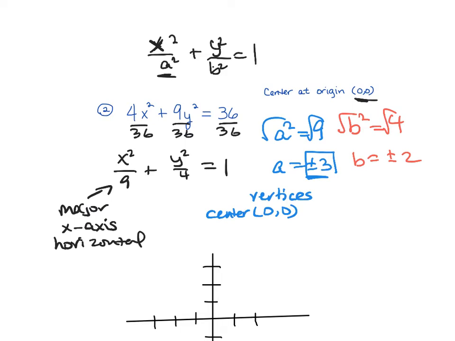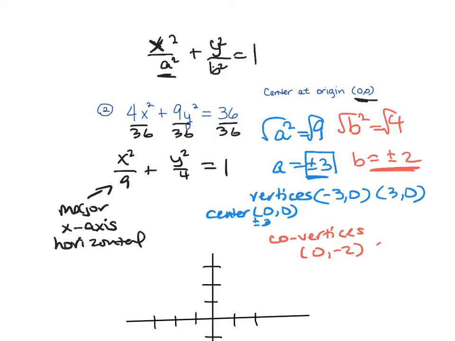I'm going to take that plus and minus 3, and it goes to the major axis variable, which is x. So my vertices are going to occur at -3, 0, and 3, 0. My co-vertices, I'm going to take this 2, and it's going to be added and subtracted to the y of the center. So this will become 0, -2, 0, 2.